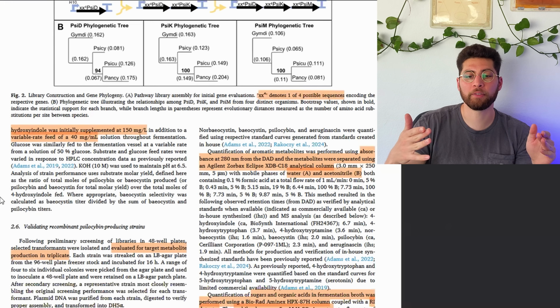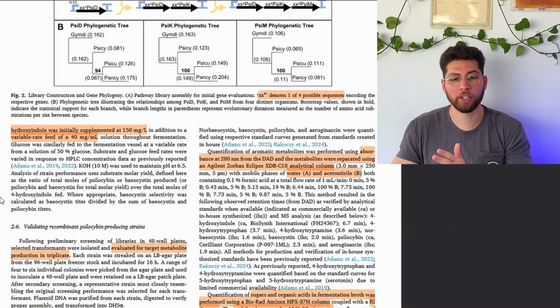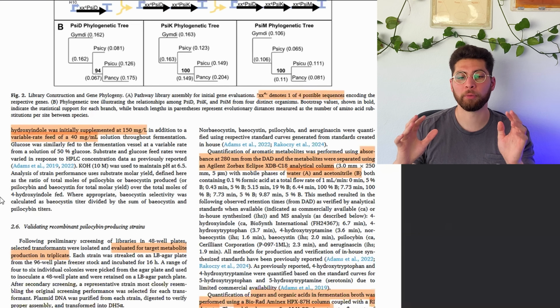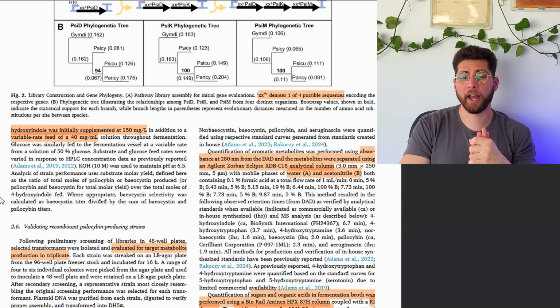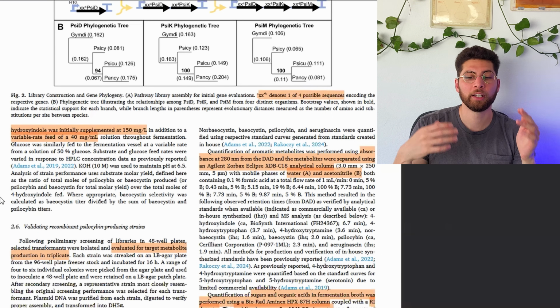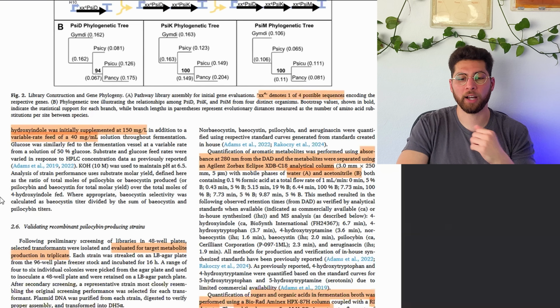So they're probably having to add something like 2 grams per liter total of 4-hydroxyindole, and that gram per liter amount may be toxic to the cells. So that's something important here: if this 4-hydroxyindole is toxic or it's being degraded too quickly, they must have found that you need to slowly feed it in over time in order to get the highest titers.